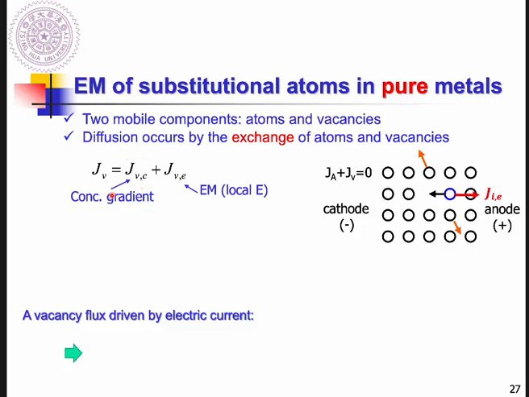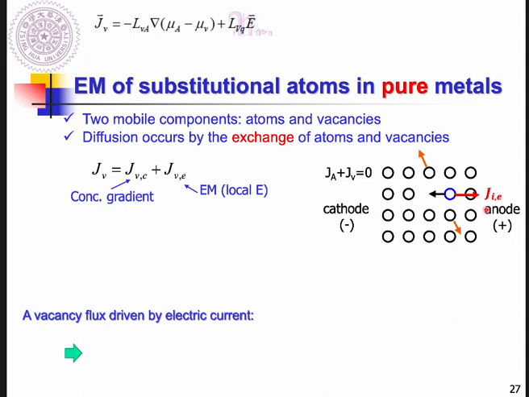For the first one, the concentration gradient, if you look at the lecture notes, a concentration gradient is actually a chemical potential gradient. So you can write JV equals a coupling coefficient times the driving force, the negative chemical potential gradient, plus another coupling coefficient times the electrical field.